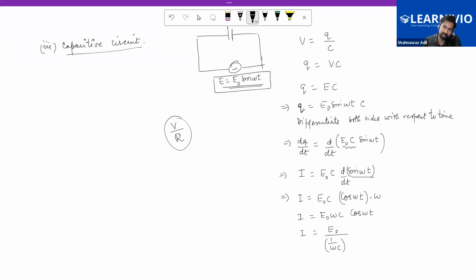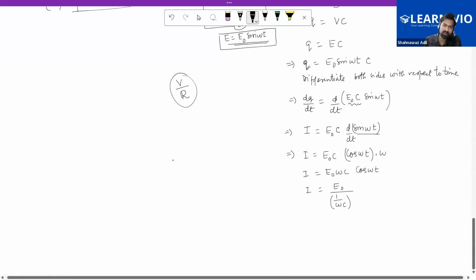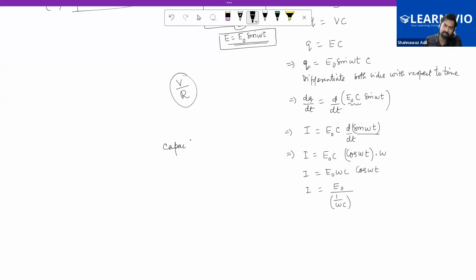So if I compare this with this one, I will get the effective reactance, or capacitive reactance. Capacitive reactance is Xc, and this is 1 over omega C, right? If I compare this with this R. And then cos omega t, I can write as sine omega t plus pi by 2, right?